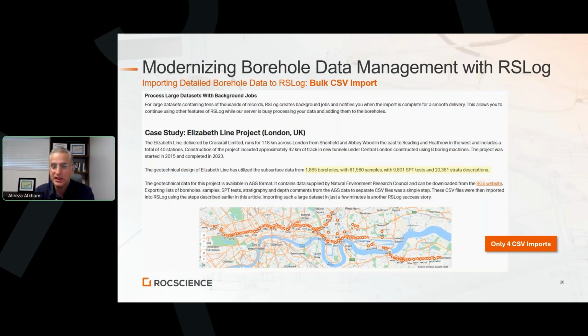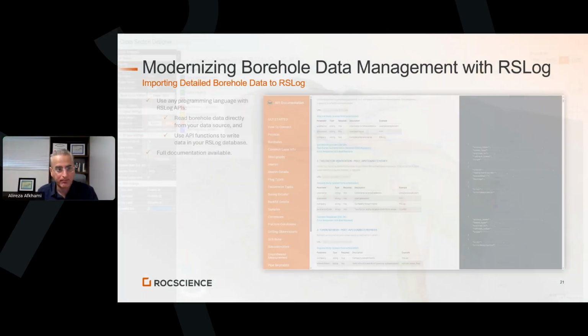So just imagine being able to import this volume of data with only 4 CSV imports and in less than 10 minutes, right? So this bulk CSV import is your friend if you want to bring your data and your data is in CSV or can be exported to CSV, right?